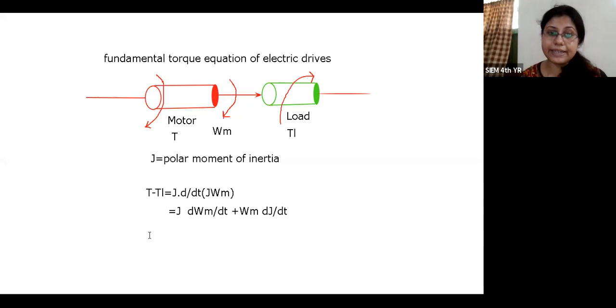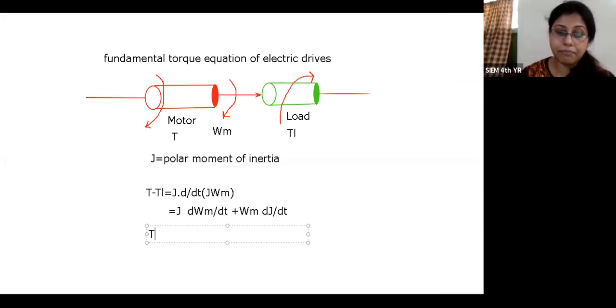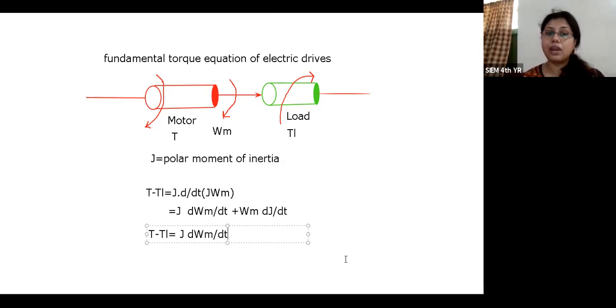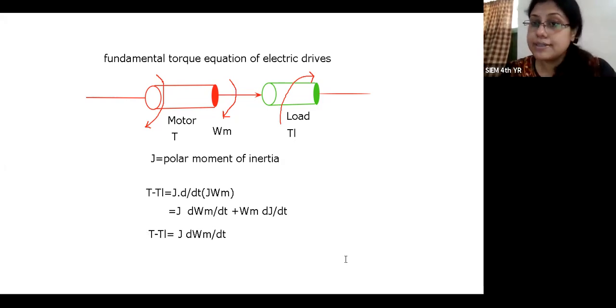So we can write here capital T minus TL is equal to J of d omega m divided by dt. That means motor torque minus load torque equals J d omega m by dt.